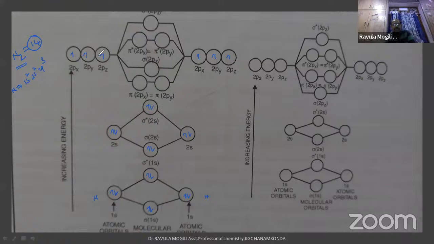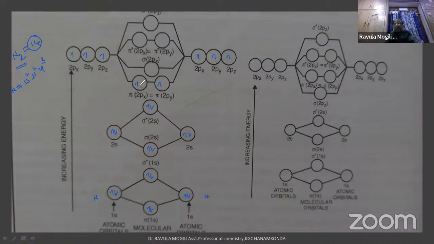Okay. So here 3 electrons, these 3 electrons, totally 6 electrons. For these 6 electrons, first 2 electrons enter the same energy orbitals.